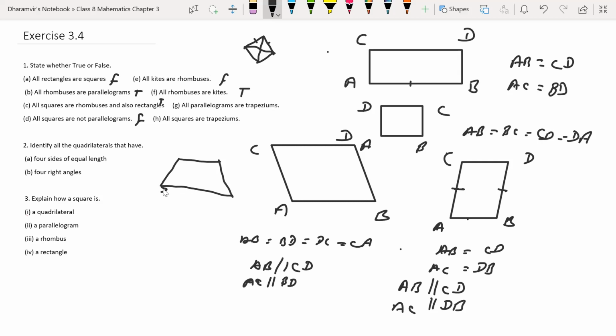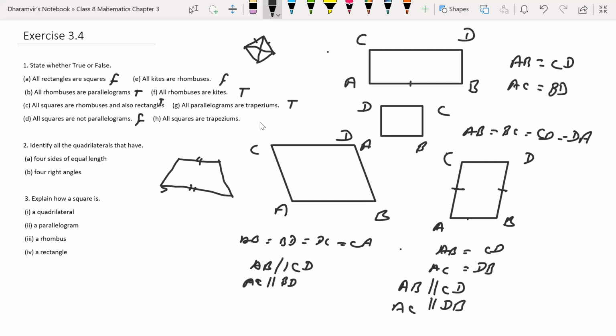So all parallelograms are trapezium, one pair of opposite sides are parallel like this. So hence we can say that all parallelograms are trapezium, but all trapezium are parallelogram.